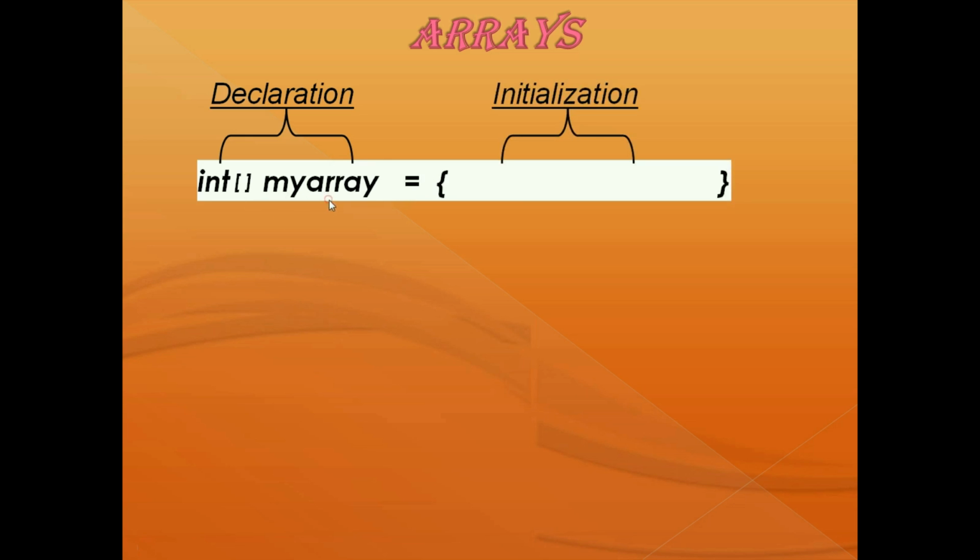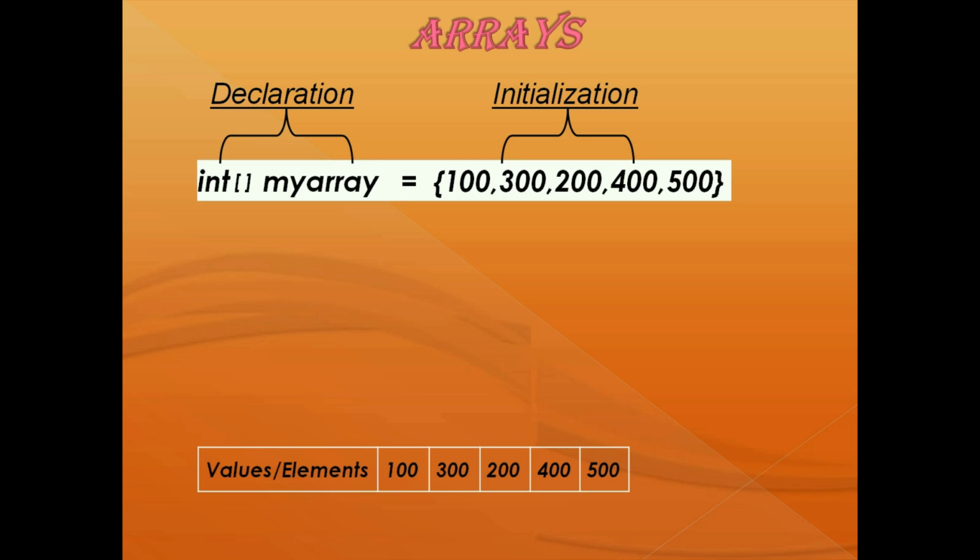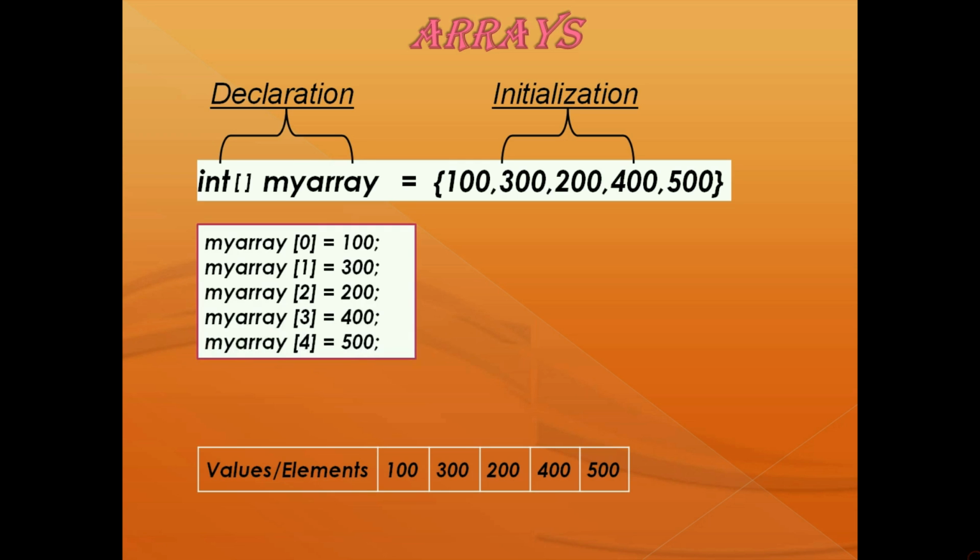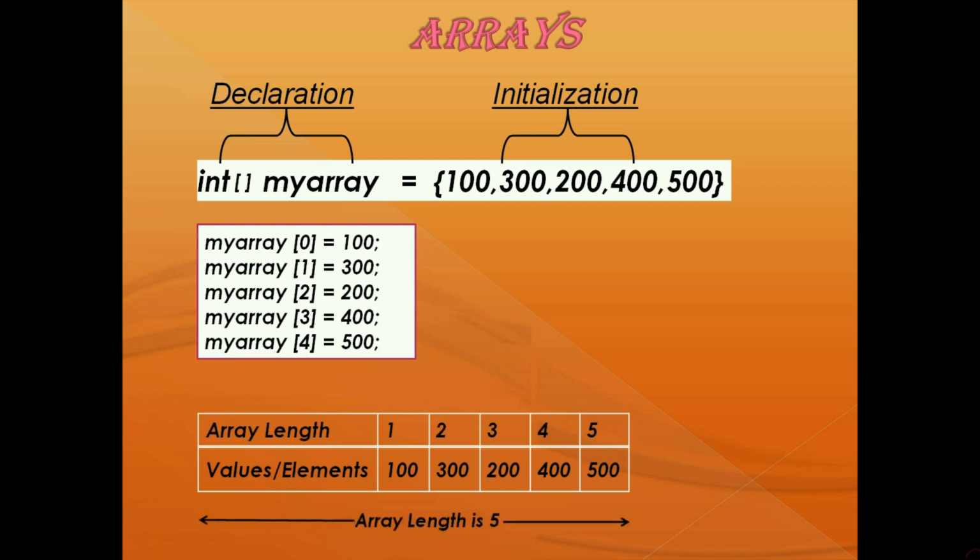Then you can initialize this array in these curly braces, and whatever comes inside, for example 100, 300, 200, 400, 500, these are the values or elements of the array. So it can store multiple integers. We have right now stored 5 integers in this array, so the length of the array is 5.